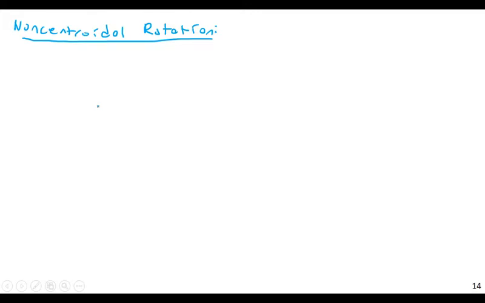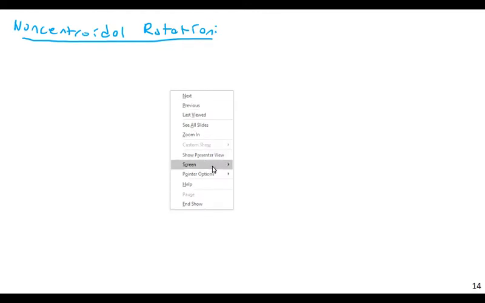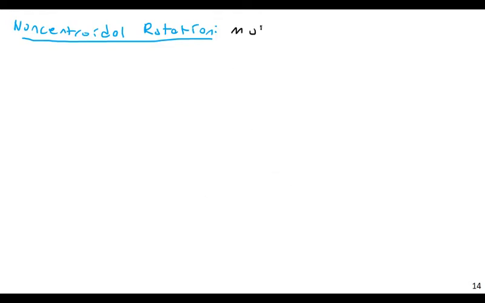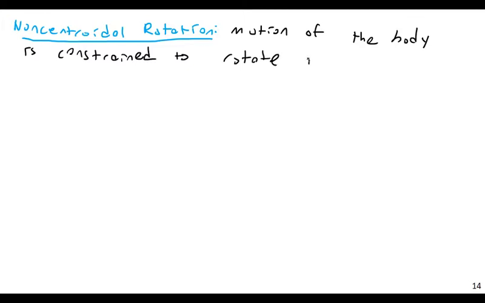So again, in this case, if I'm to define this, I will say that the motion of the body is constrained by some support to rotate about a fixed axis that does not pass through the mass center.